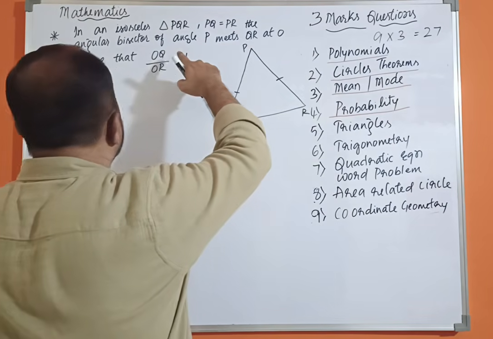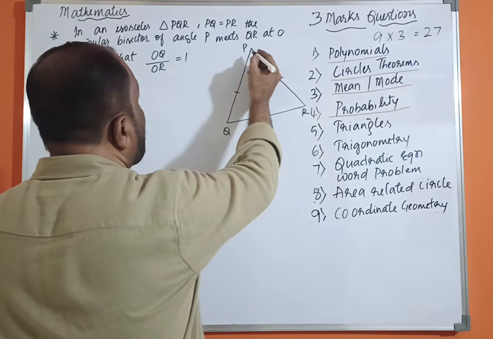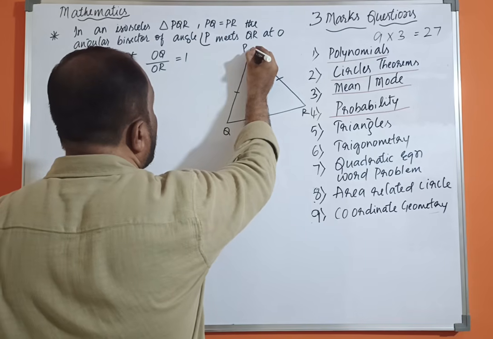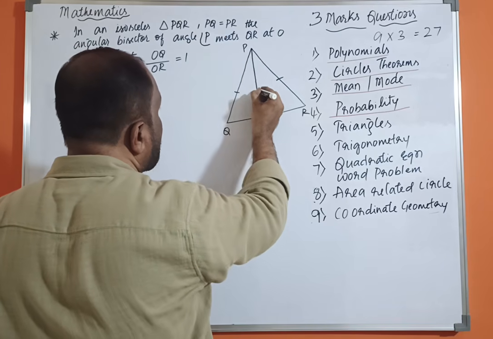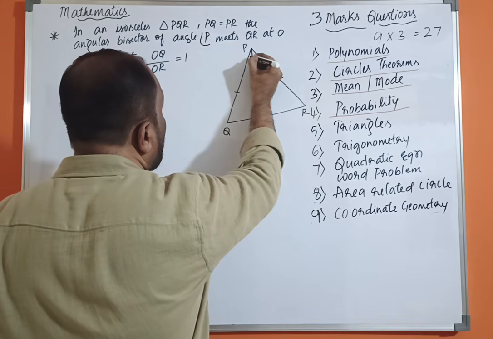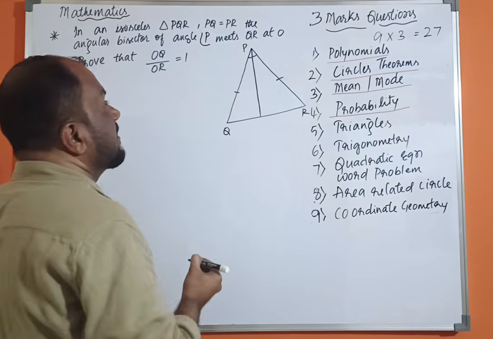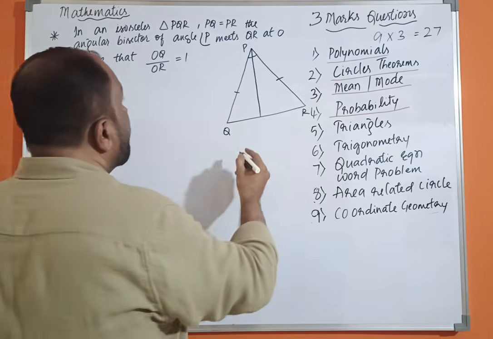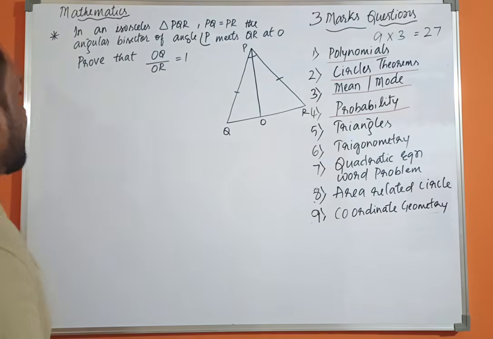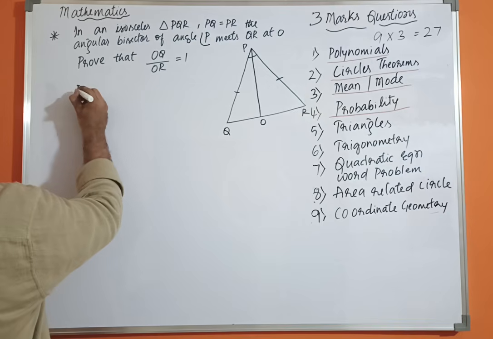Angular bisector of angle P, I write. This is the angular bisector. Bisector means which divides the angle into two equal parts. So these two angles are equal. It meets QR at O. I am writing O.